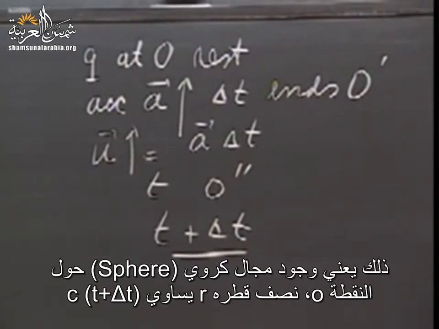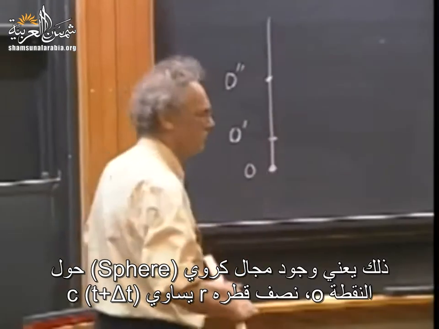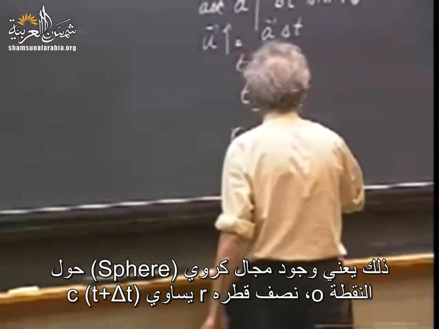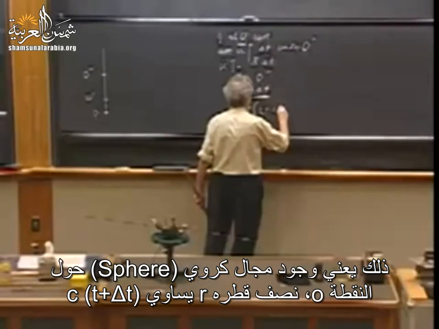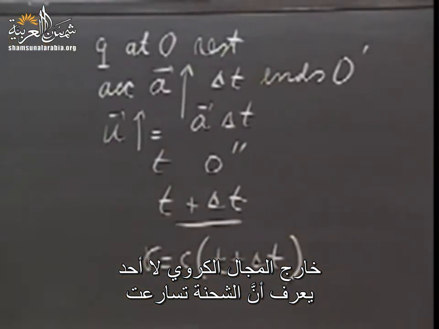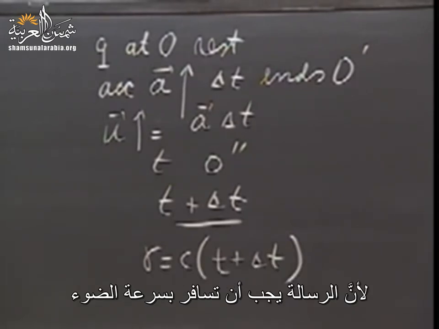That means there is a sphere around point O, and that sphere has a radius which is c times (t plus delta t). Outside that sphere, the world has no knowledge that this charge was accelerated, because that message has to travel with the speed of light.